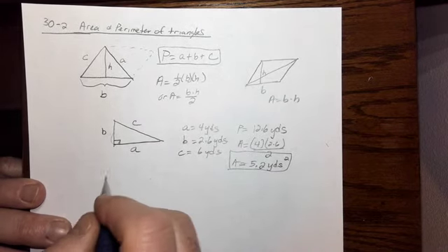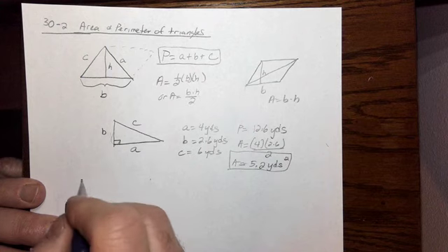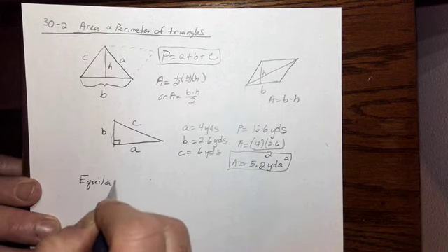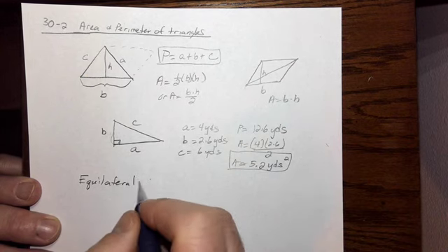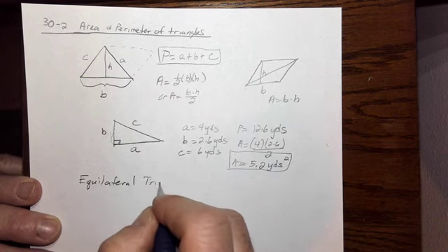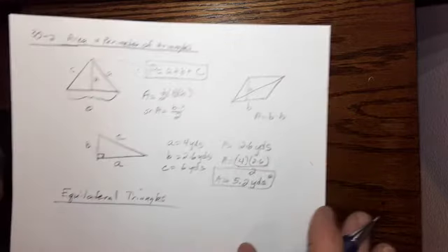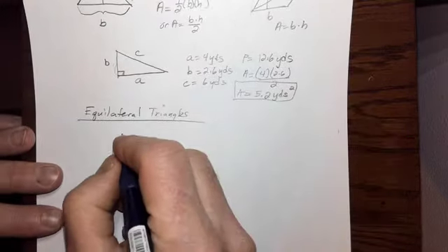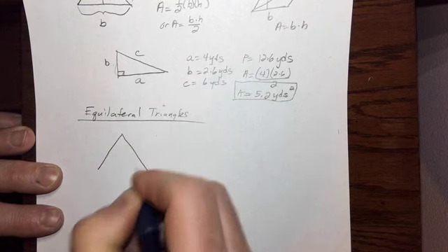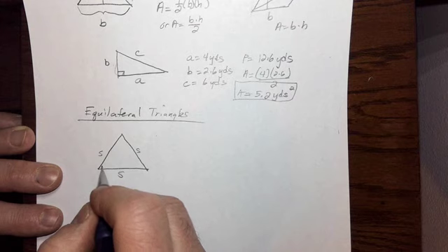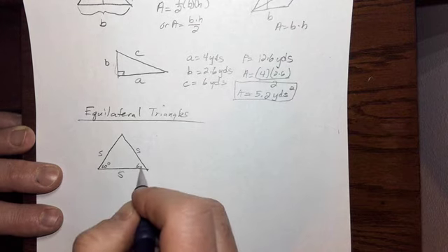The only other type of problem you're going to see is an equilateral triangle. And that's a special case. If you go back to an equilateral triangle, remember that that's a triangle where all of the sides are the same, which means all of these angles are 60 degrees.